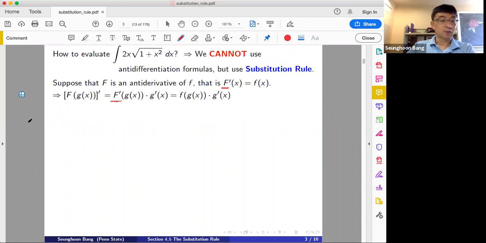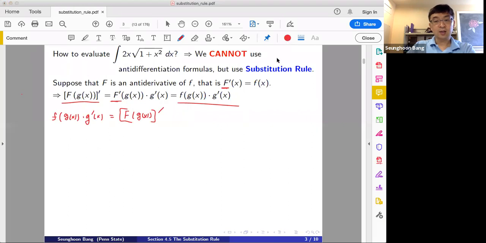Next, we can take the integral of both sides. So far we have f of g of x times g prime of x equals capital F of g of x, the whole prime. Exactly, this one equals this part.